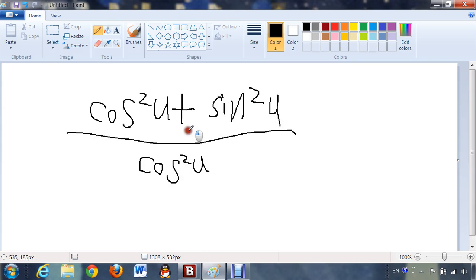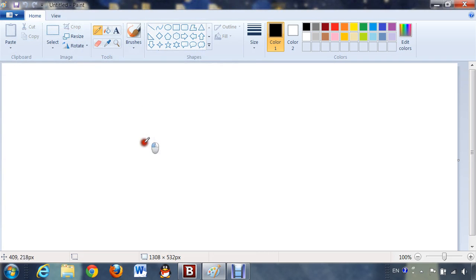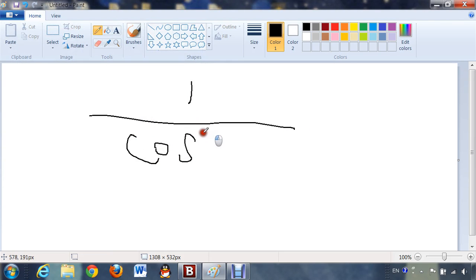And at this step, you have to remember that cosine square u plus sine square u is equal 1 according to the Pythagorean trig identity. Okay, so if this portion is equal 1, then that means the entire thing is just 1 over cosine square u, right? Or something, cosine square something.